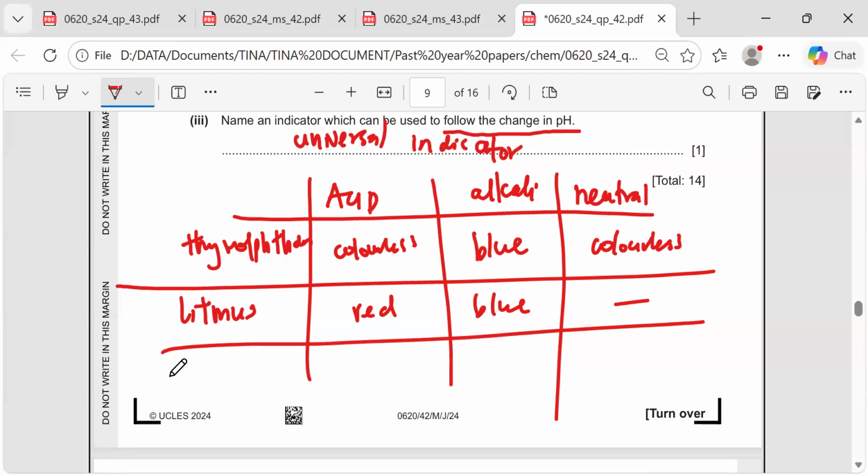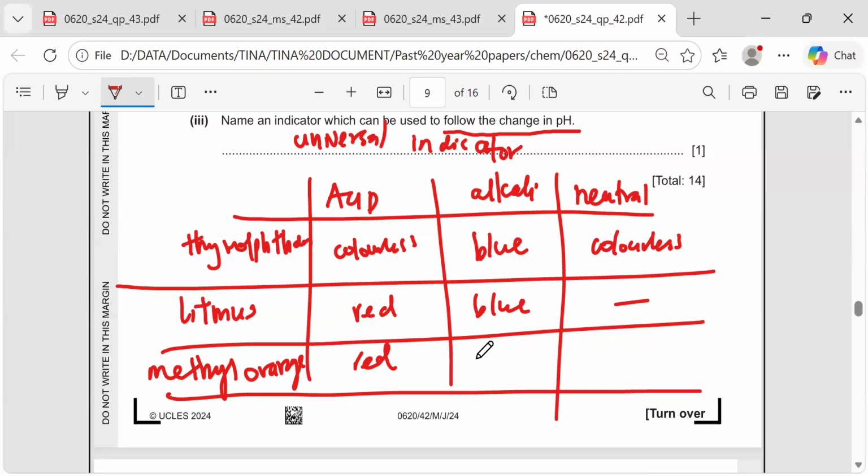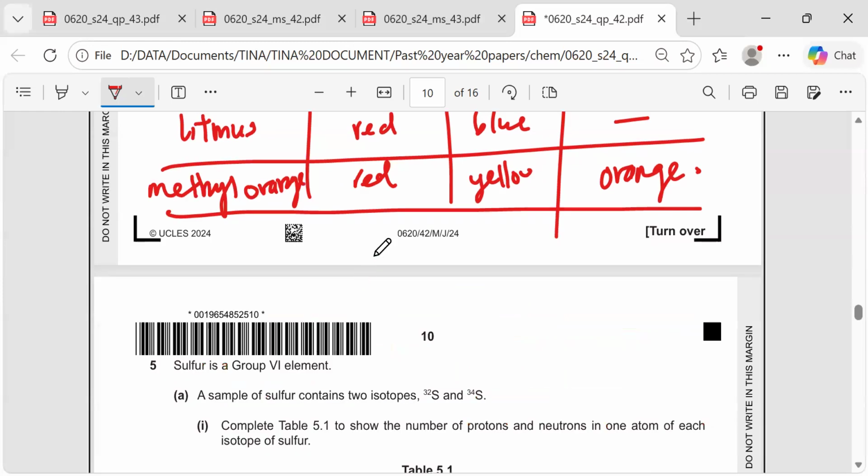Methyl orange: acid is red, alkali is yellow, neutral is orange. That's why it's called methyl orange. The CH methyl. Alright. I like phenolphthalein because the pink color is actually quite nice.